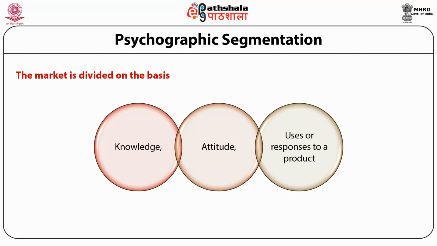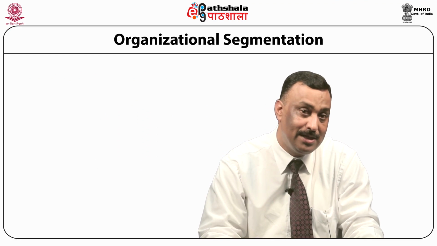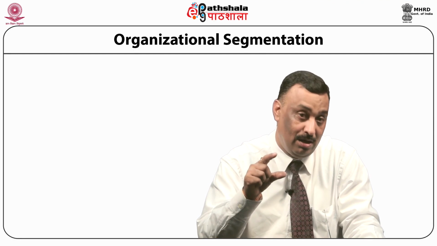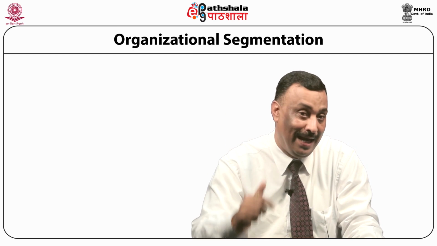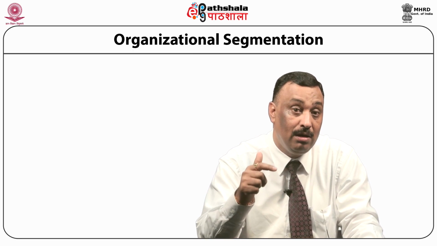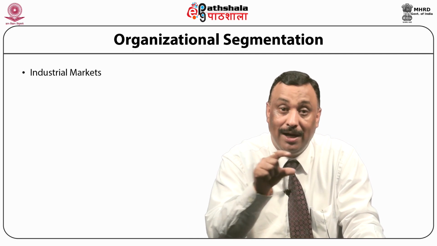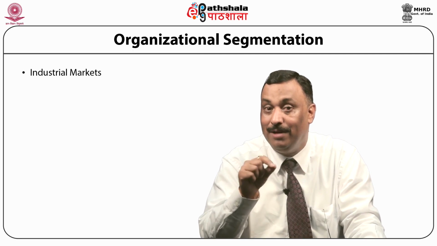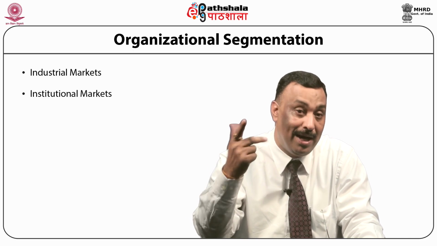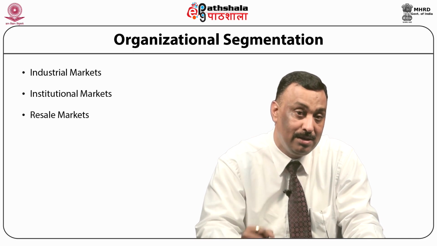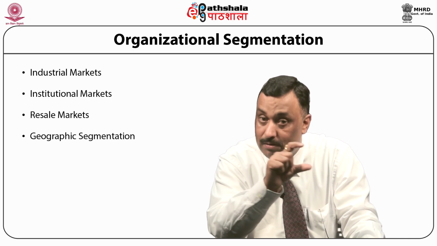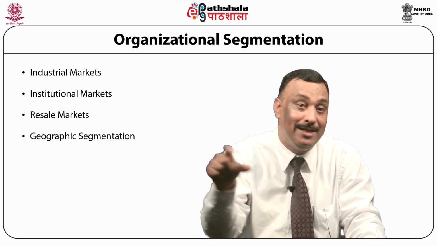Organizational segmentation can be done on the basis of the following criteria. It can be done for industrial markets, institutional markets, resale markets, and the geographically based market as we discussed earlier.